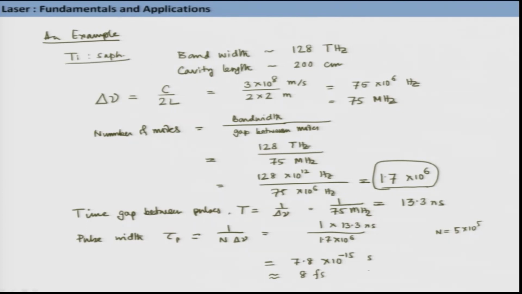So, for a lesser number of modes, tau p will increase. That means this is my limiting value of tau p.